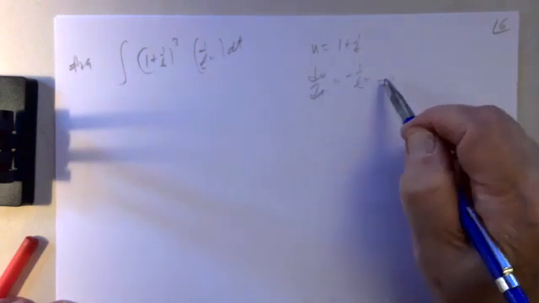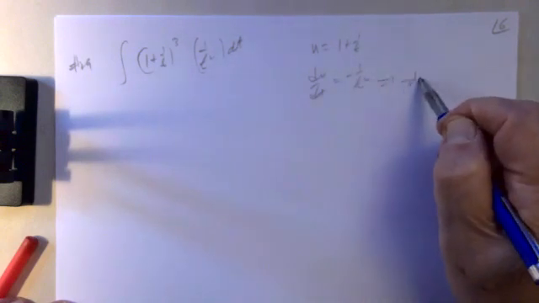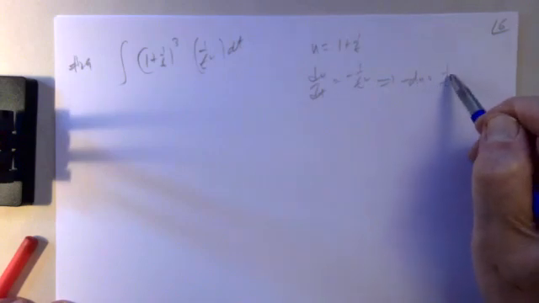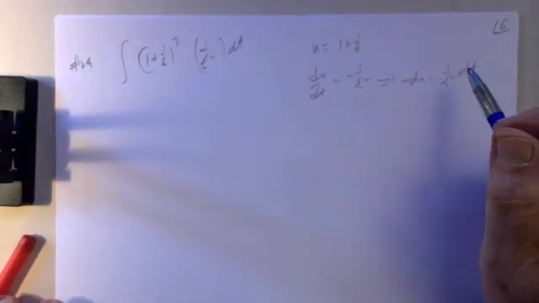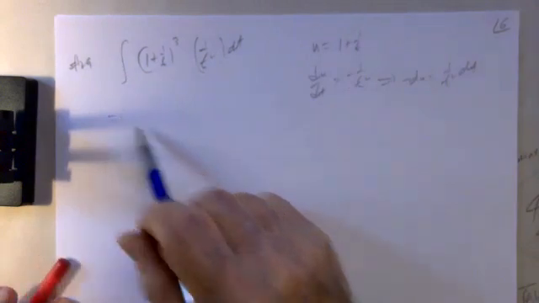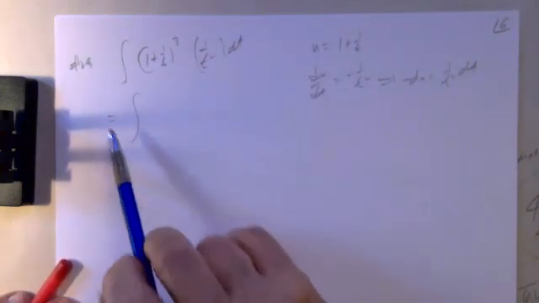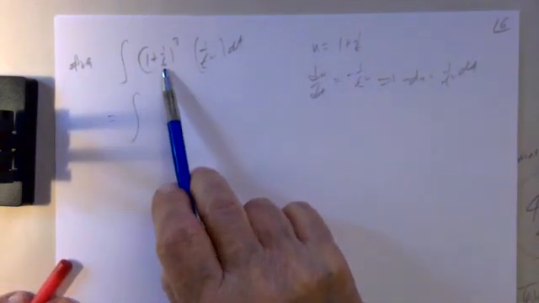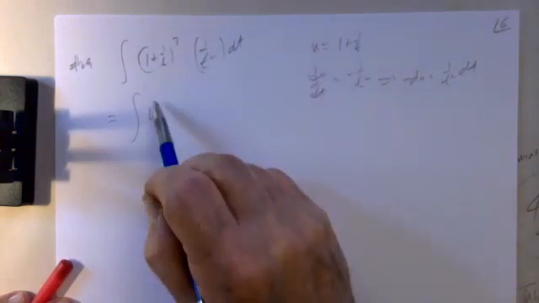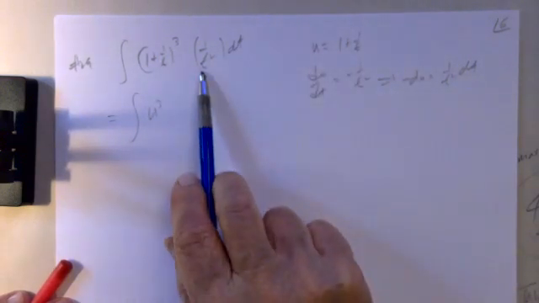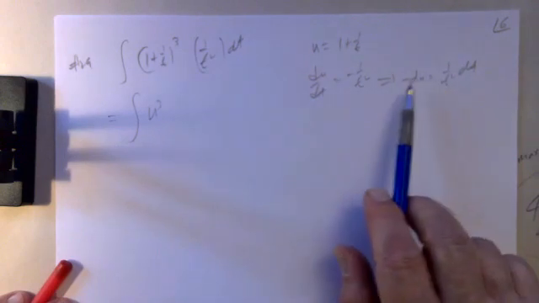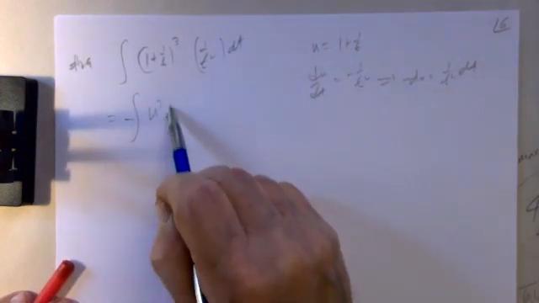So minus du is 1 over t squared dt. So if we make that substitution, this becomes the integral of (1 plus 1 over t) cubed, which is u cubed, and 1 over t squared dt is minus du.